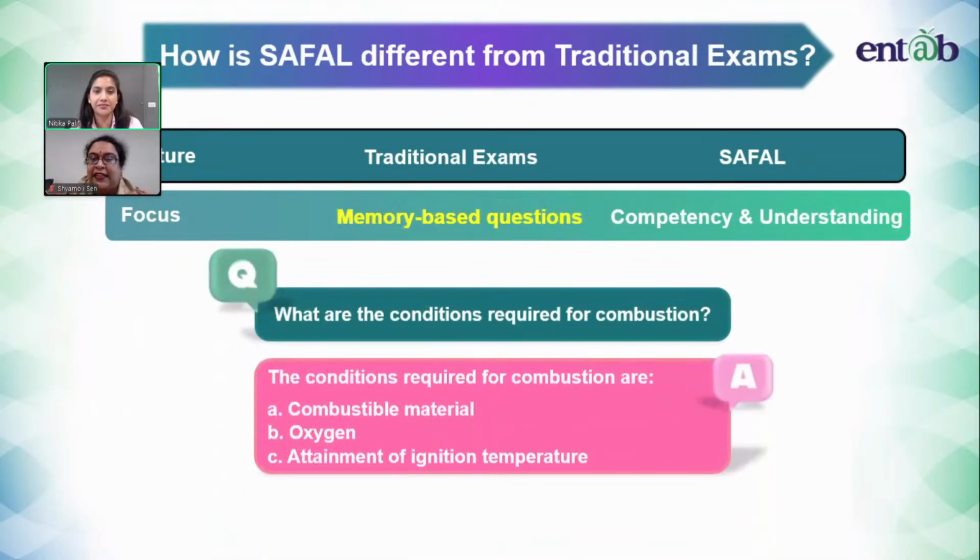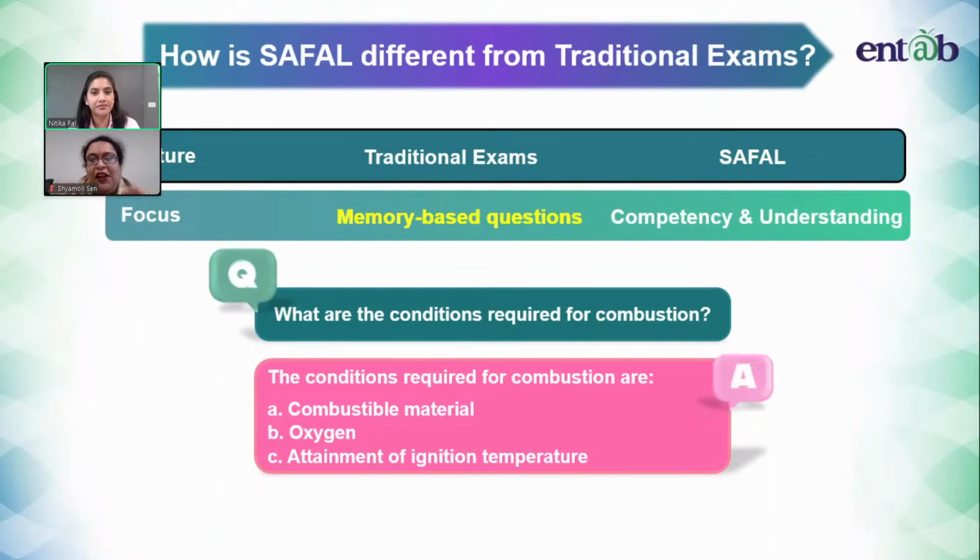In class 8 under science, a student learns the conditions for combustion. So, if a question on combustion comes, he has to write the conditions required for combustion, which are a combustible material, oxygen, and the attainment of ignition temperature. However, SAFAL tests the application of this knowledge in a real life situation.